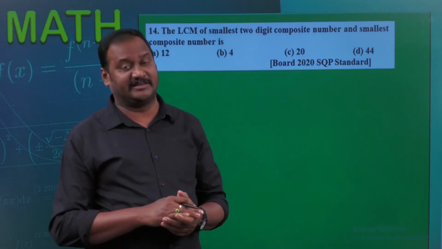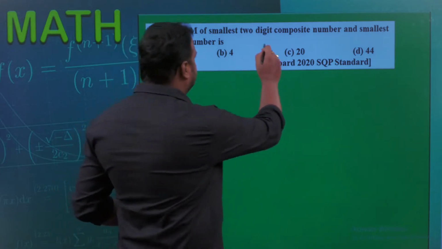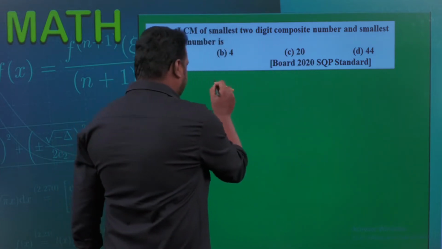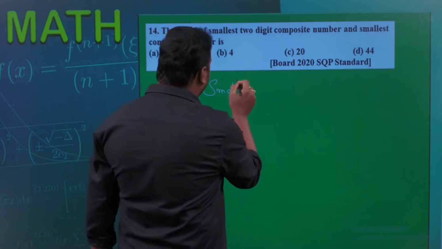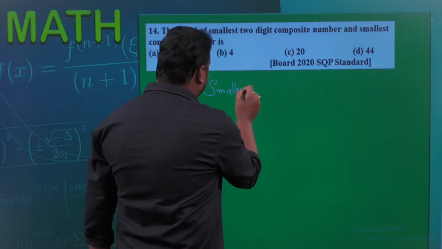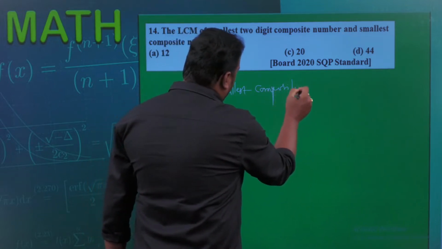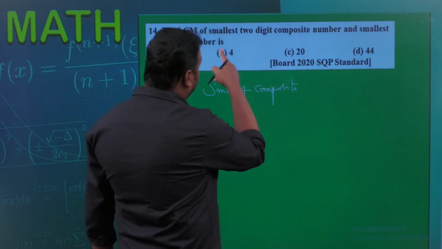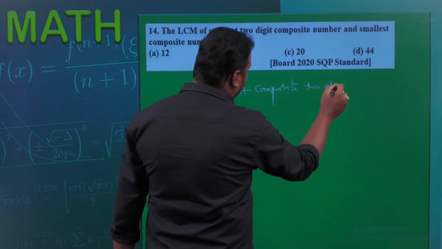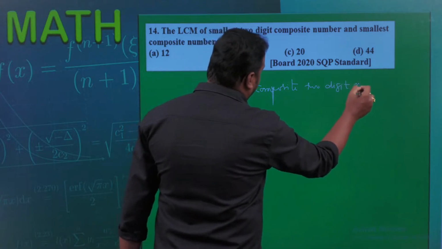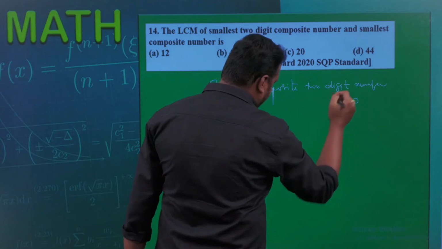Obviously, because 10 can be expressed as 2 times 5. So the smallest 2-digit composite number is 10.